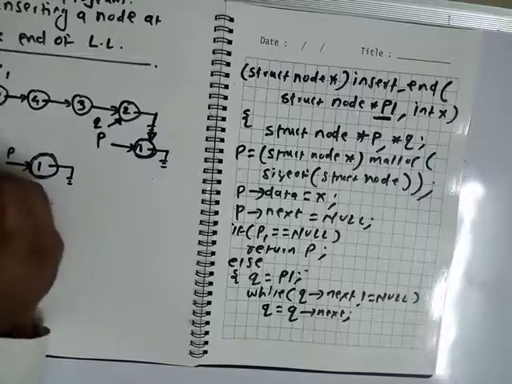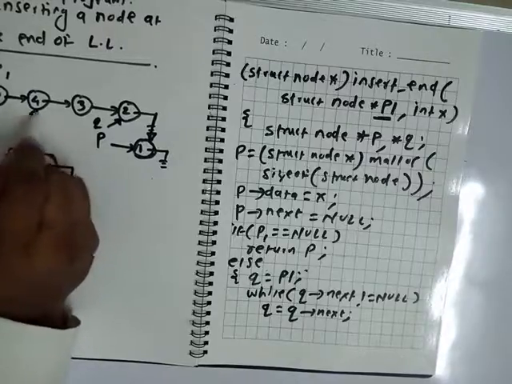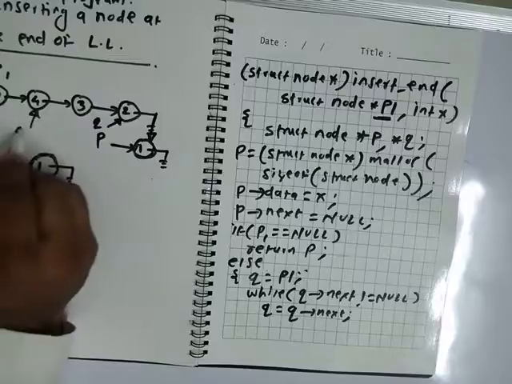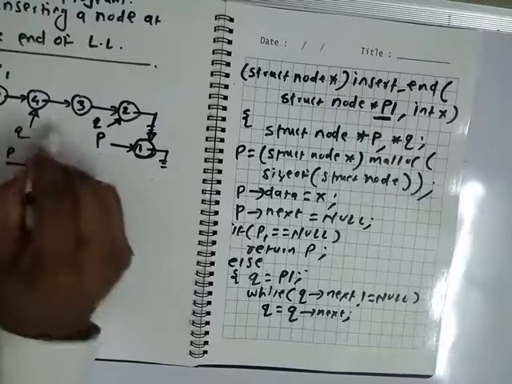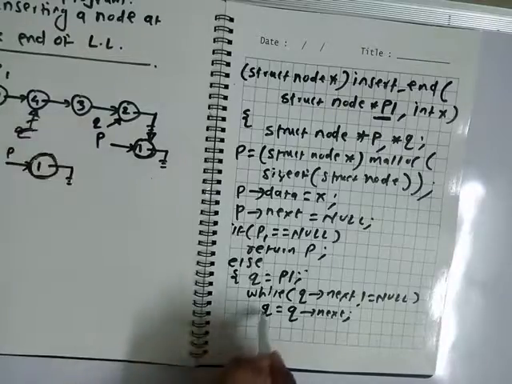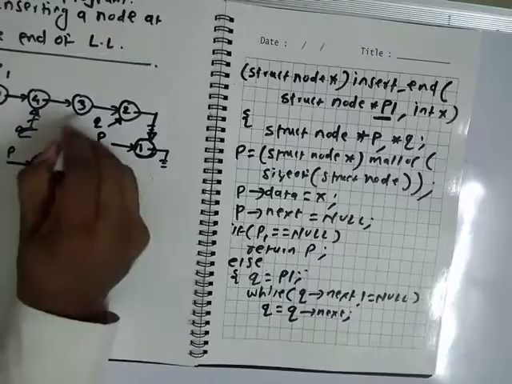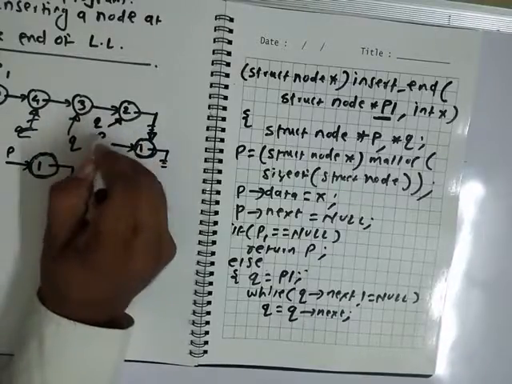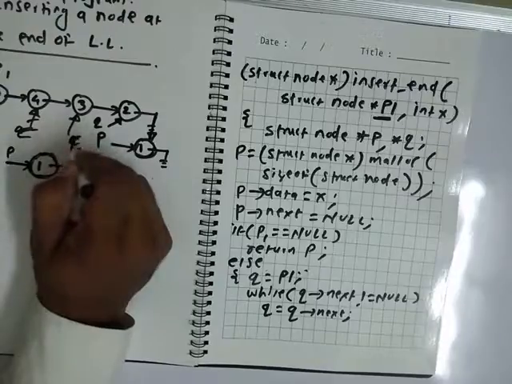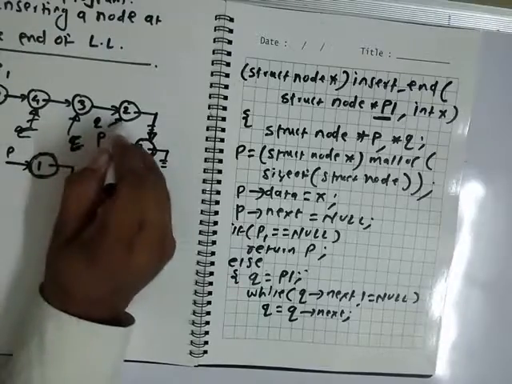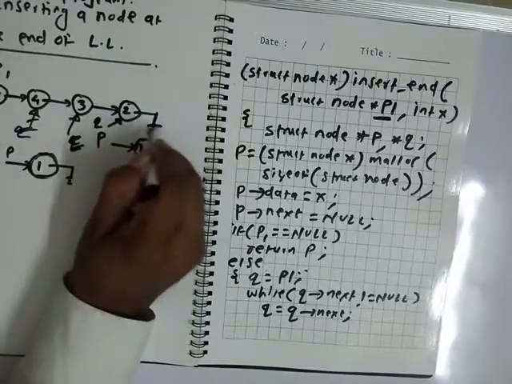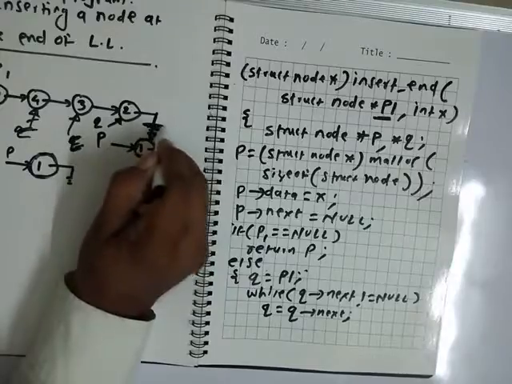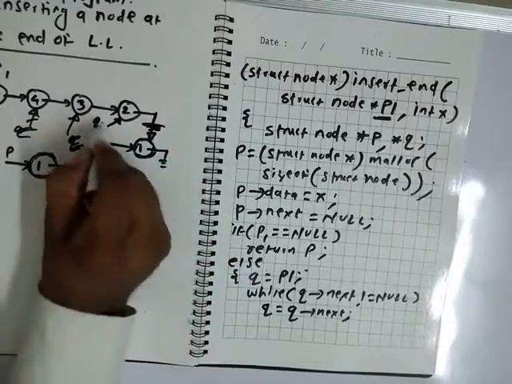So bring q here, right? Now check, is q arrow next equal to null? No, it's not null. So execute the body of the while loop. So q will be here. Is q arrow next equal to null? No, it's not null. So bring our q to the next node, that is here. Is q arrow next null? Yes, this time we found q arrow next null. So we'll stop our q here, right?